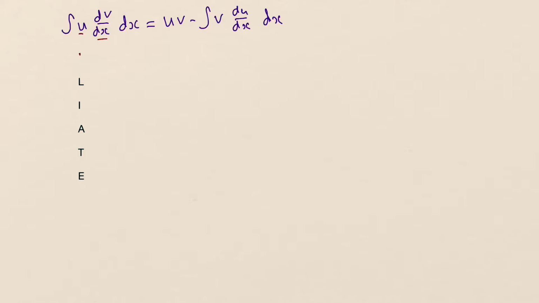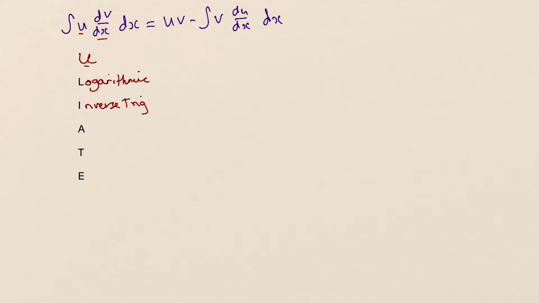To pick which component will be u, we use the mnemonic LATE. L stands for logarithmic, so any component involving logs will be our u. The next would be inverse trig.